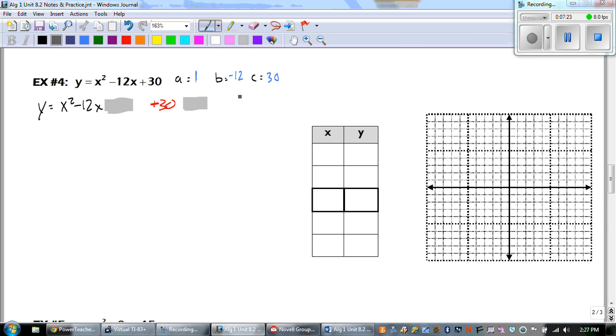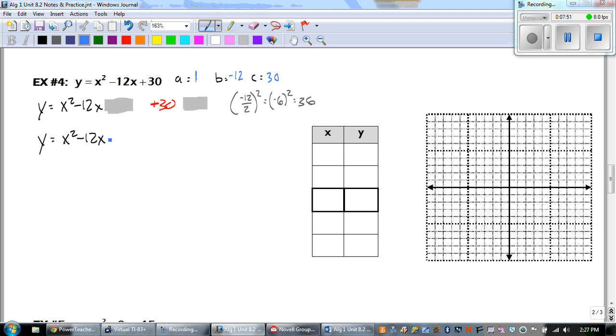Okay, so to fill in those spaces, I have to take b divided by 2 and square it. Negative 12 divided by 2 is negative 6, and negative 6 squared is, yep, 36. Okay, so our next step would be the x squared minus 12x.